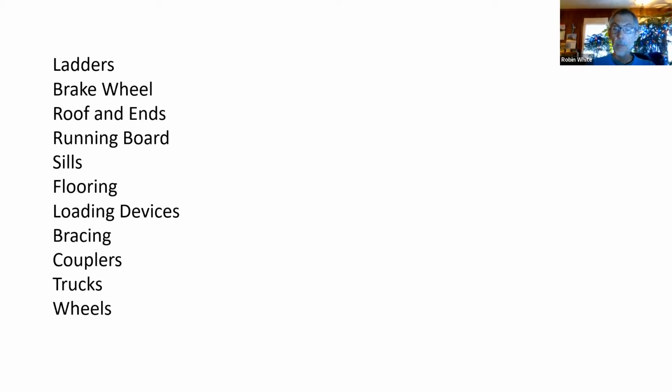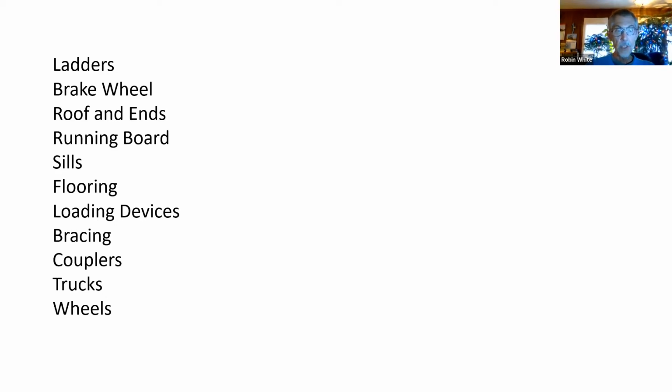Does it have a shelf coupler if it's a more modern car? And trucks, which I find to be the most difficult. It's hard for me to identify a lot of different styles of trucks, but there's lots of good models of different style of trucks. And the cushioning as well, if the car has different cushioning devices. And then does it have the proper wheels?